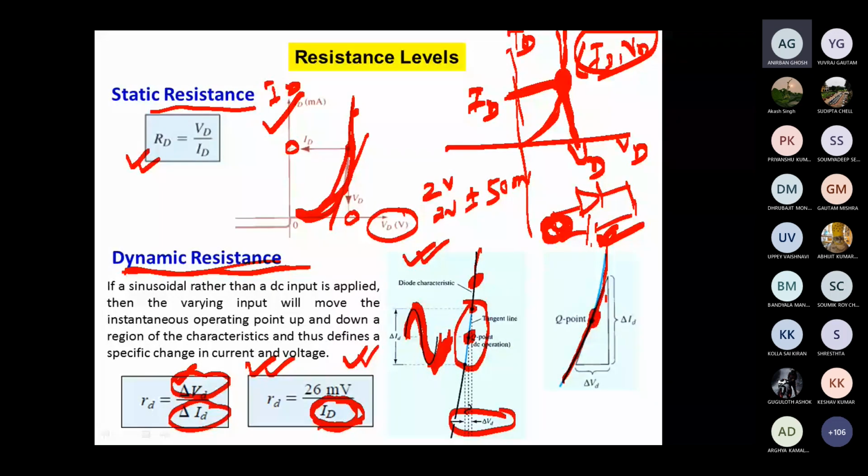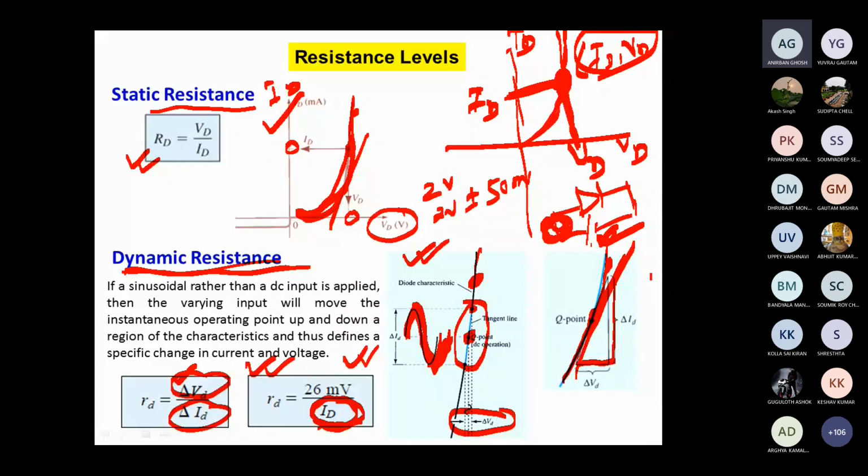If you draw the tangent at that point, you will have the dynamic resistance at this point. So delta ID divided by delta VD. So if I draw the tangent here, then my RD will be changed. That is the dynamic resistance.